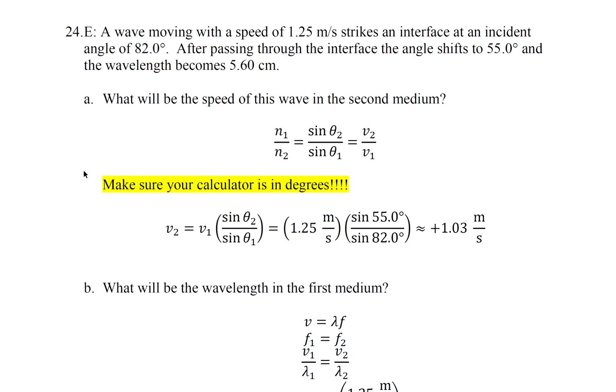After passing through the interface, the angle shifts to 55 degrees and the wavelength becomes 5.6 centimeters. Part A, what will be the speed of this wave in the second medium? So they want the speed, so let's just use this equation here. Solve for v2. Make sure your calculator is in degrees.